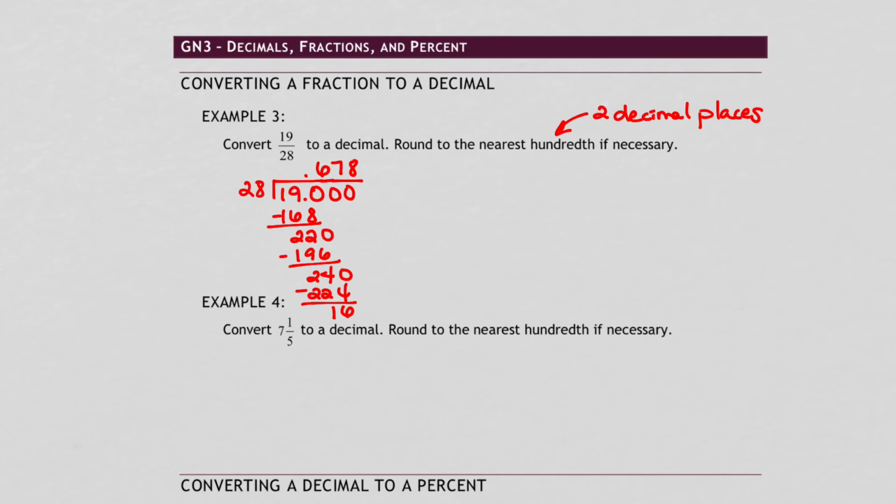And so we've got that 19 over 28 is 0.678. But we want it to 2 decimal places, so that would be 0.68, because the 8 in the thousandths place rounds up the 7 in the hundredths place up to 8.